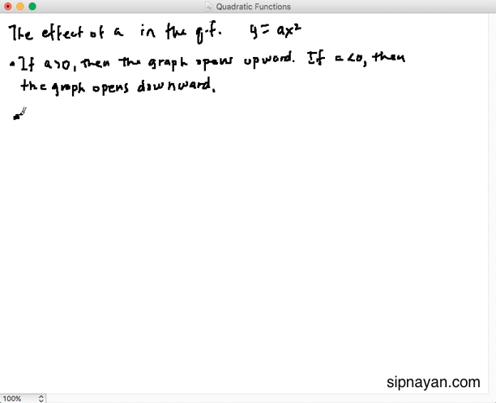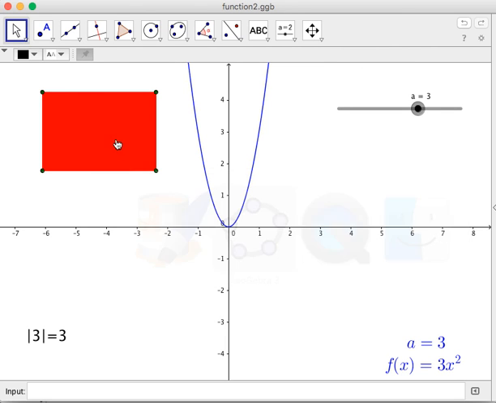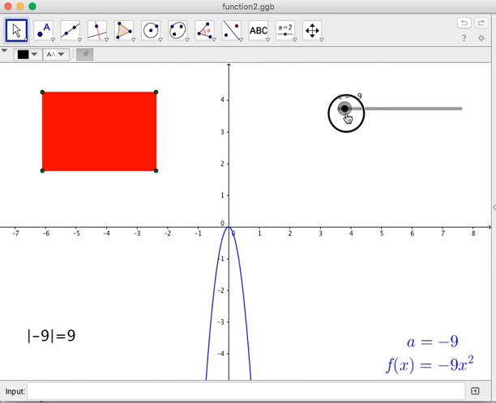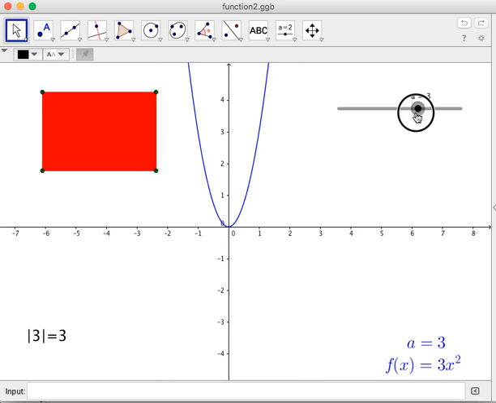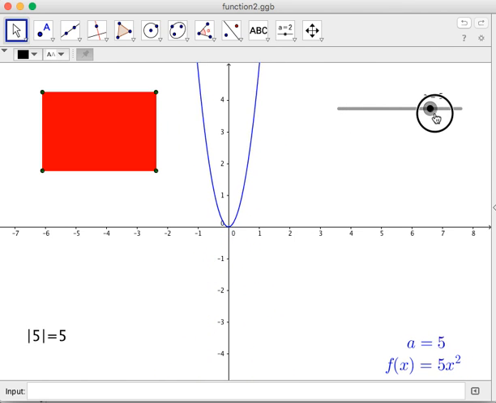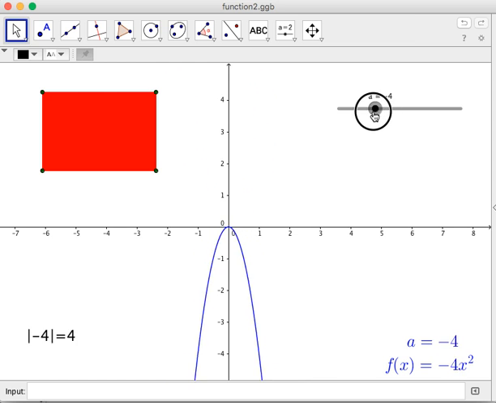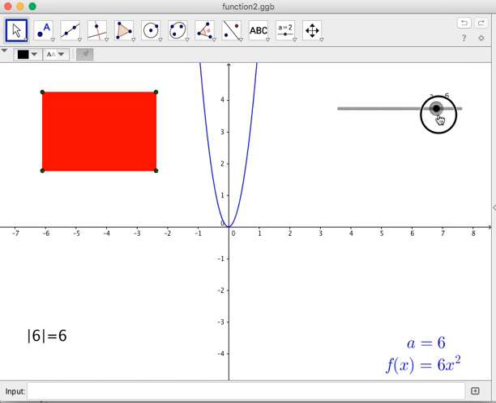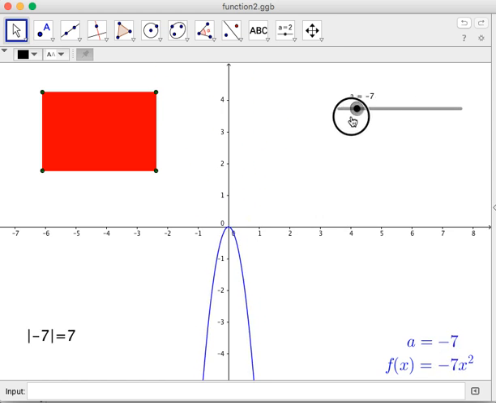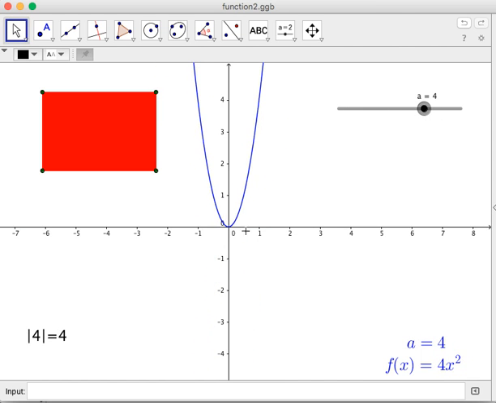Pangalawa, ano pa na-observe ninyo? By the way, ignore nyo muna yan. Later natin yan gagamitin. Ano ba iba nyo napapansin sa graph? May isa siyang point na palagi siya doon nagpa-pass through. Saan yun? Diba sa origin?